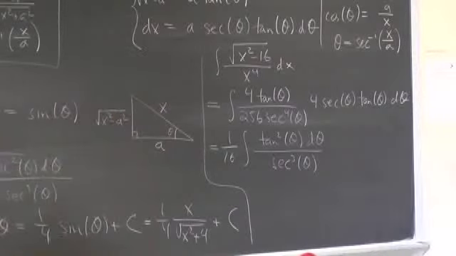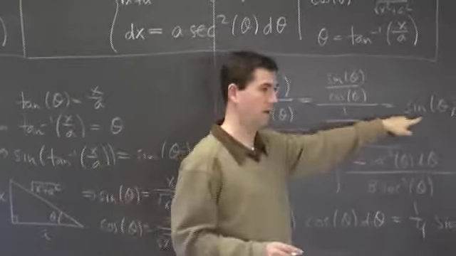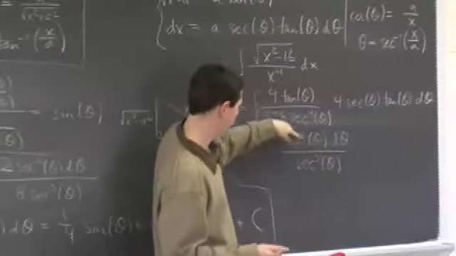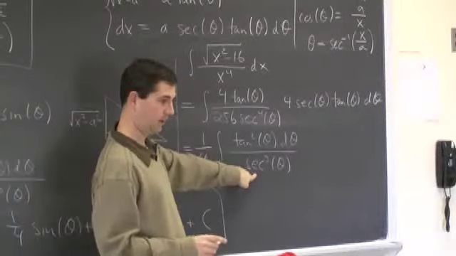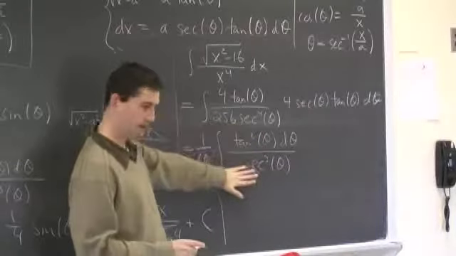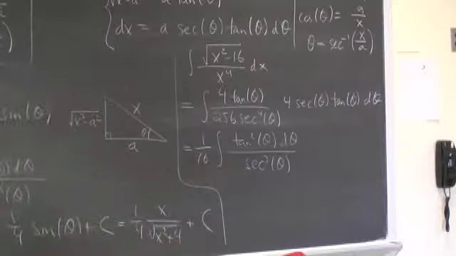Remember over here, we actually saw what happened when you divide tangent by secant. You get sine. So, here you have 2 tangents and 3 secants. So if you just pull out 2 of the secants, you'll have tangent squared over secant squared, which is what? Sine squared, right? Because if you have 1 of them, it's sine. So if you have 2 of them, it's sine squared.